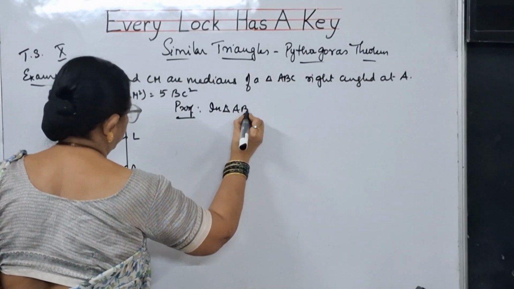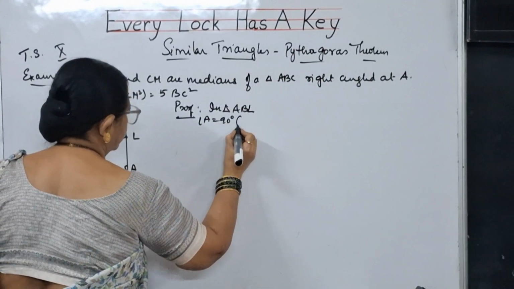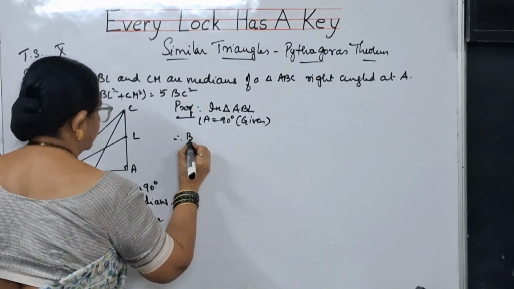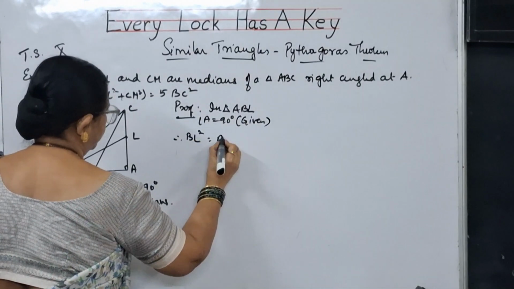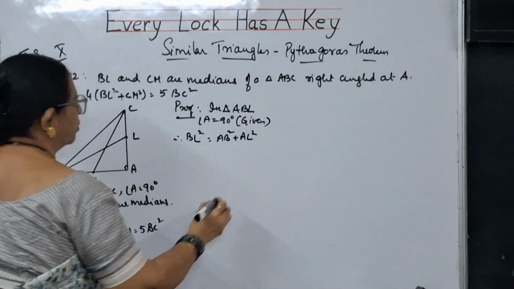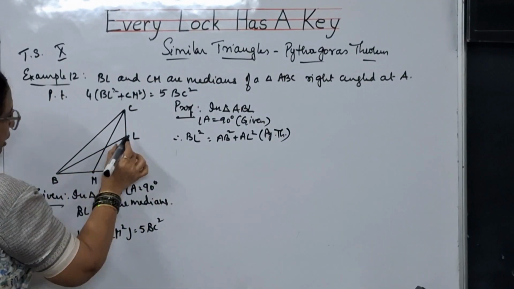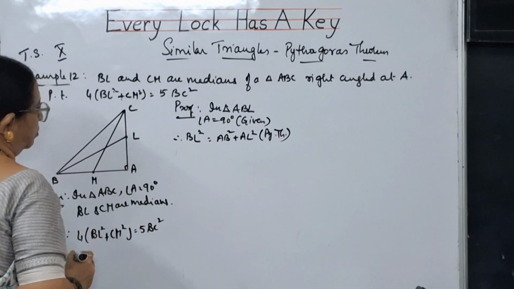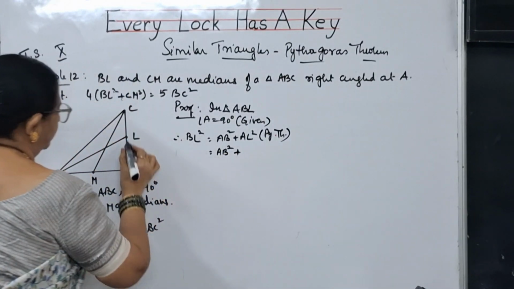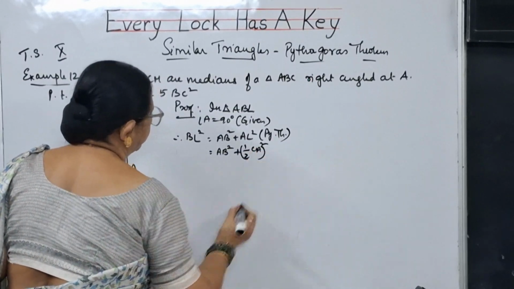In triangle ABL, angle A is 90 degrees. It is given to us. So what you will be saying? BL square is equal to AB square plus AL square, basing on Pythagorean theorem. BL is the hypotenuse. So BL square is equal to AB square plus AL square. This is nothing but AB square plus AL is nothing but half of CA whole square.